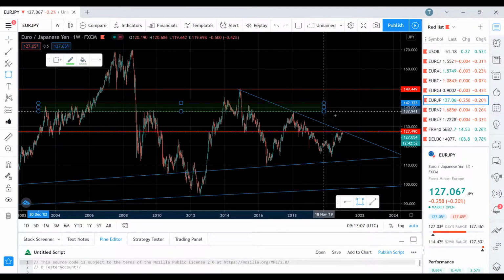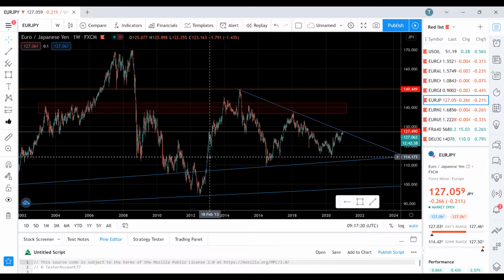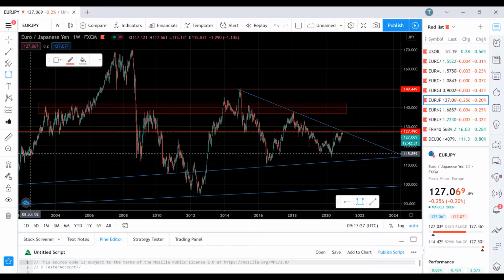We have a sell zone here. We have a buy zone here.